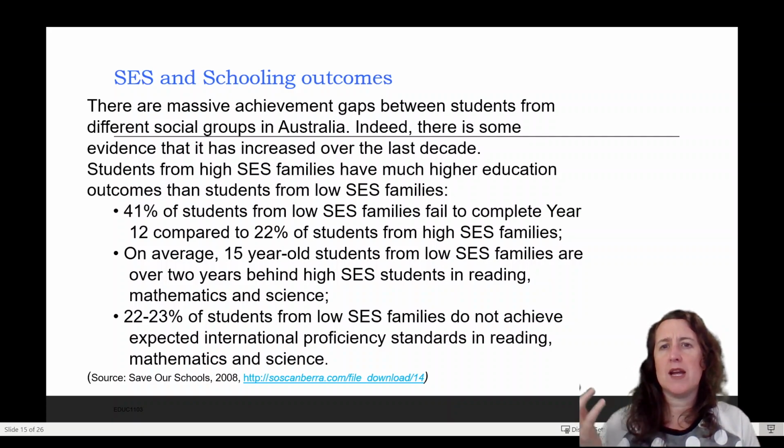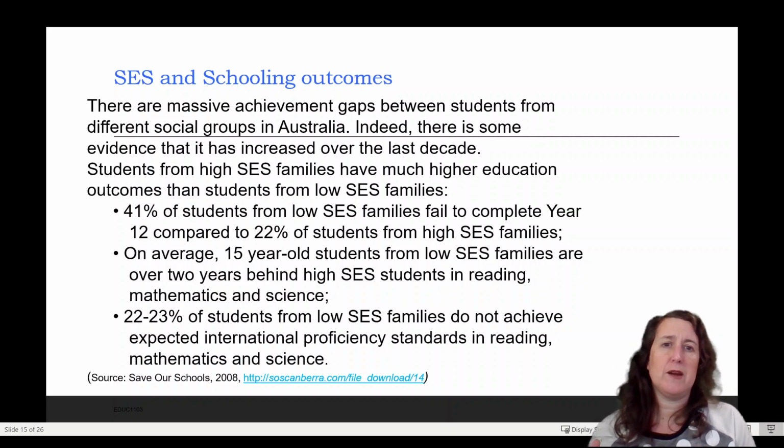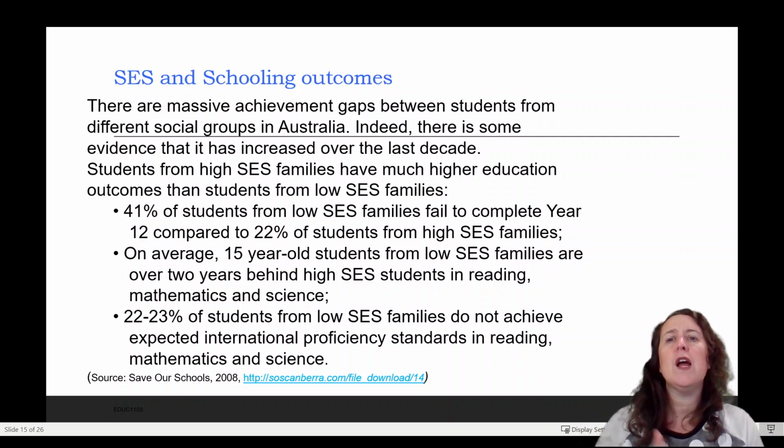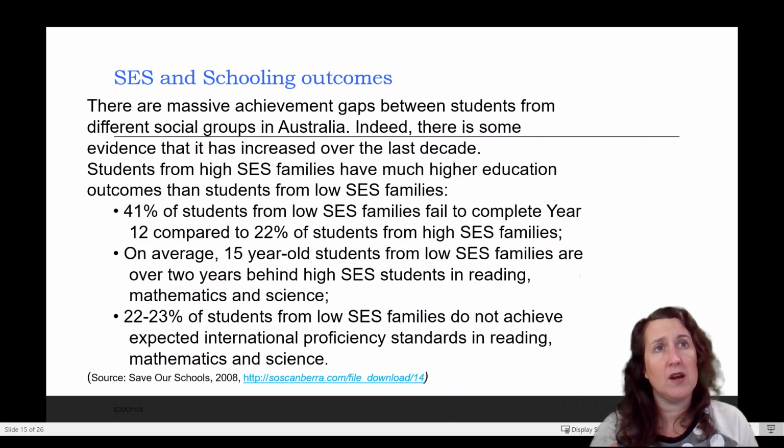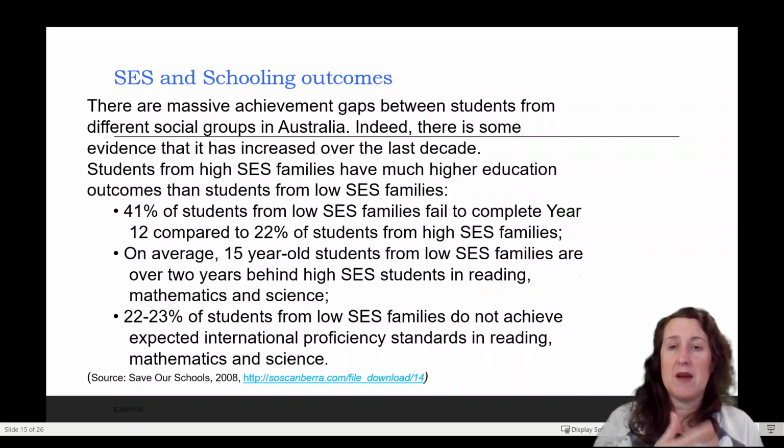Students from high SES families have much higher educational outcomes than students from low SES families. 41% of students from low SES families fail to complete Year 12 as compared to 22% of students from high SES families. On average, 15-year-old students from low SES families are over 2 years behind their high SES counterparts in reading, maths and science.